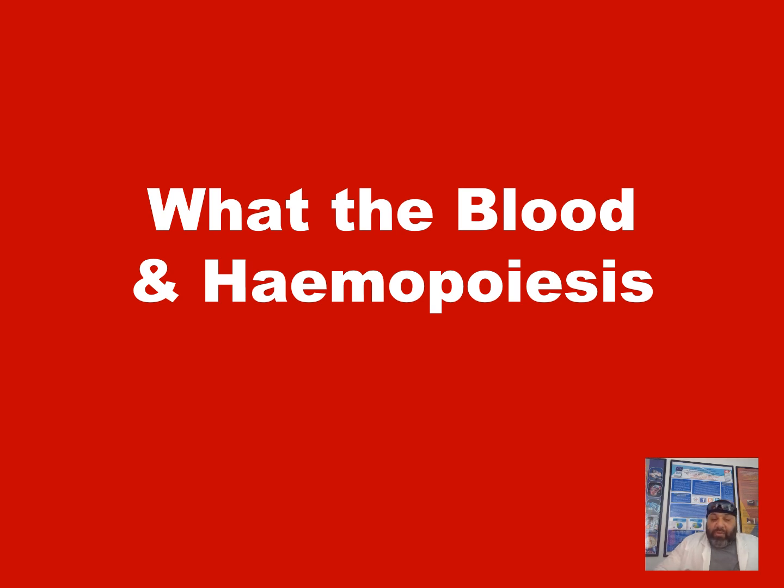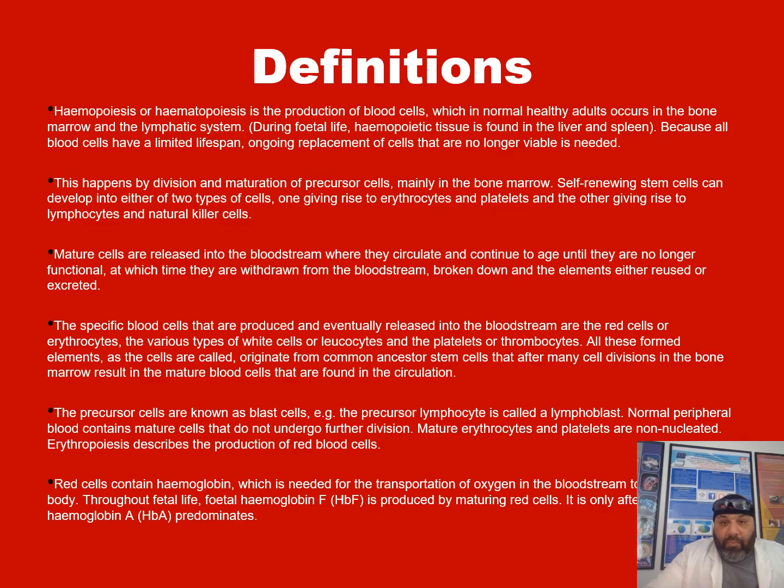Basically, I'm going to start off by talking about blood and haemopoiesis as part of the Busta Cap episode. So to begin with, some basic definitions, and then I'll talk a little bit more about some other aspects around haemopoiesis.